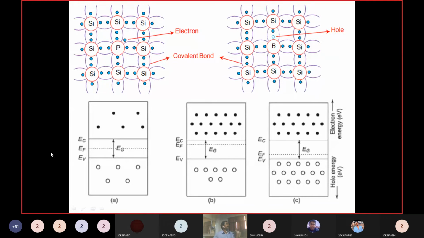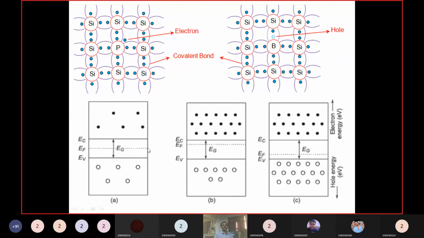That maximum energy we call the Fermi level. At absolute temperature, whatever electrons are there, their energy is less than the energy of the Fermi level only. So this is the maximum level.